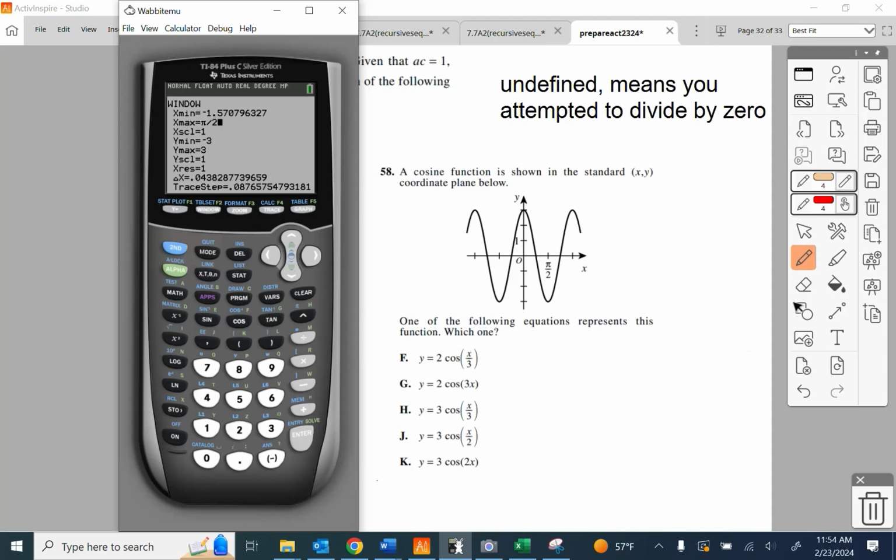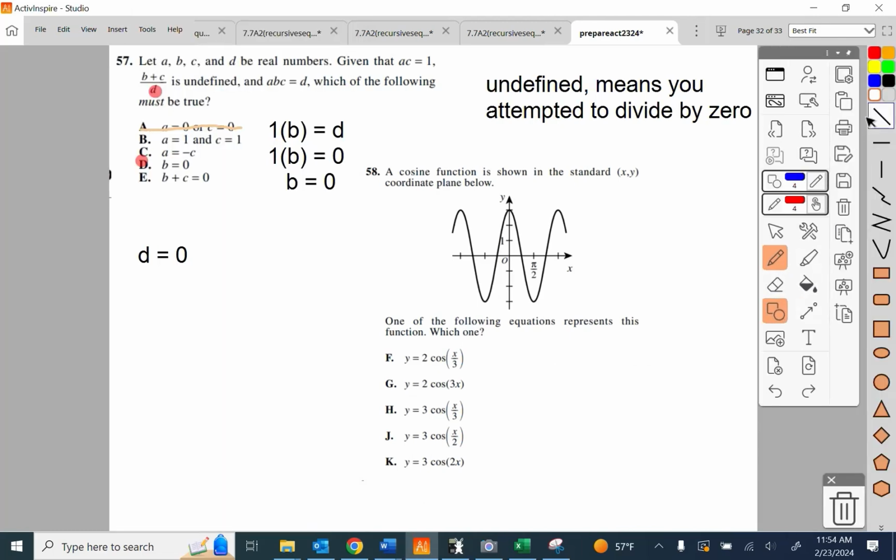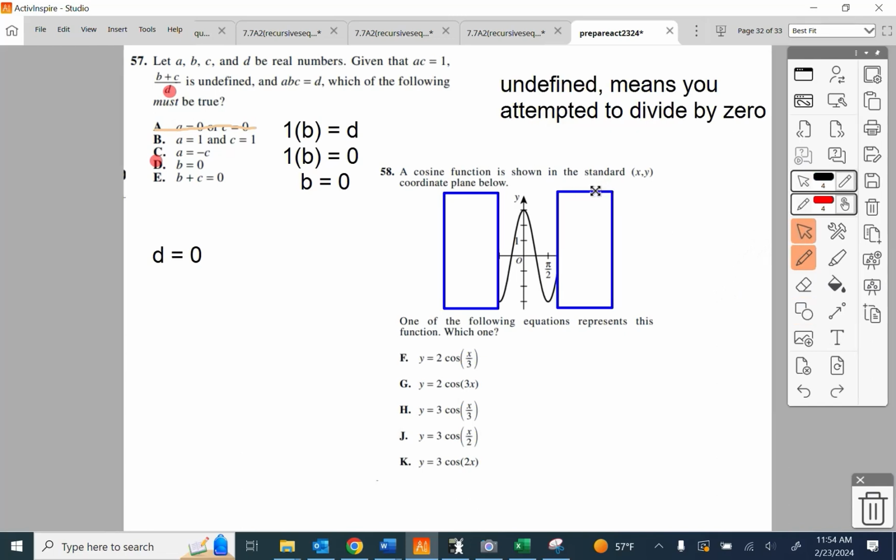And again, I'm basically only going to be looking at part of the graph. I'm going to throw away all of that, and I'm going to throw away all of that. That's how I'm going to do it.